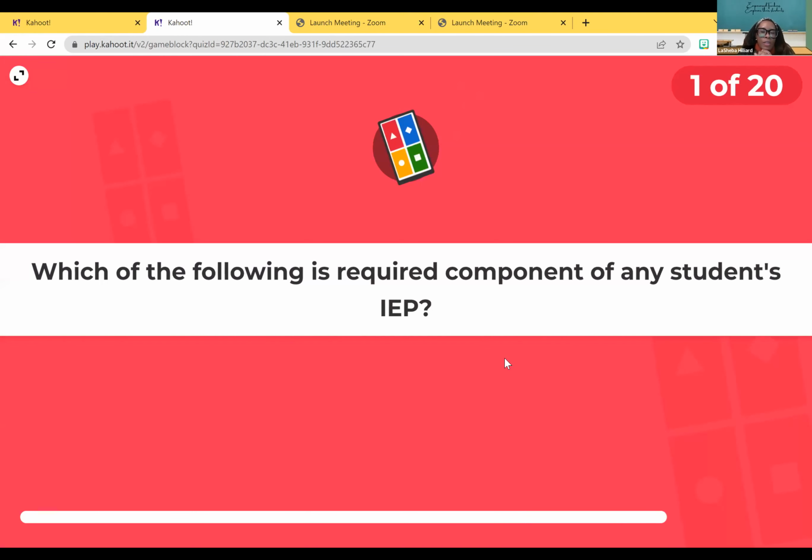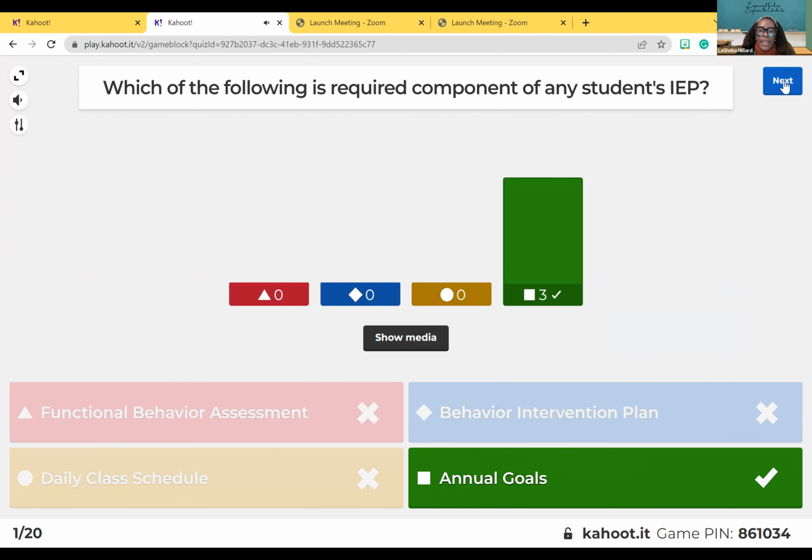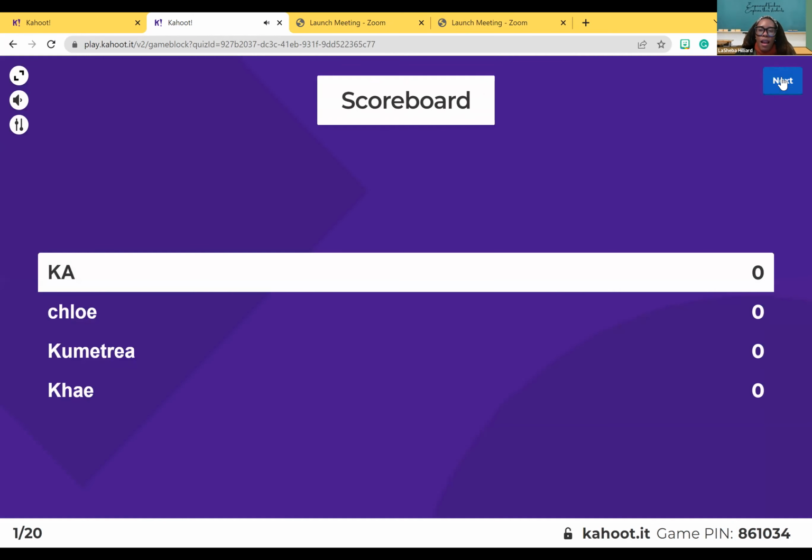All right, so which of the following is a required component of an IEP? Annual goals are a must.